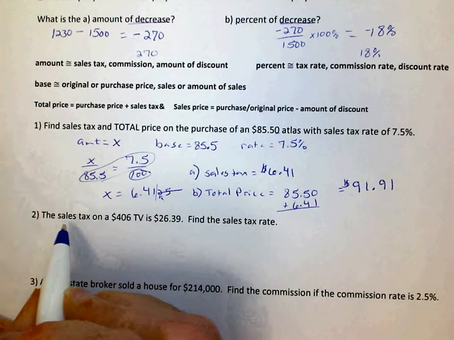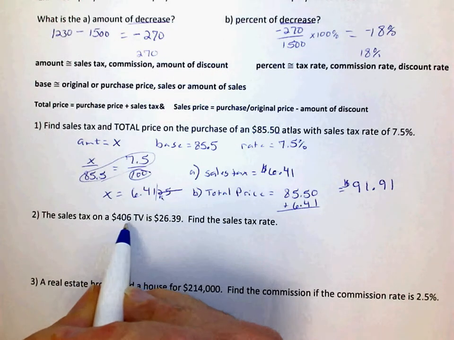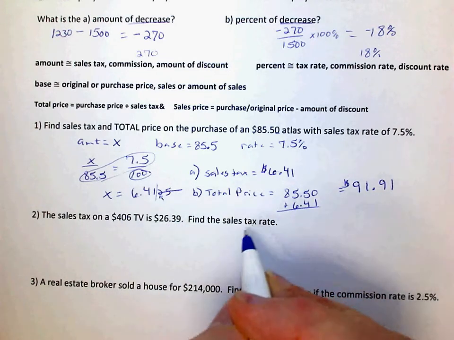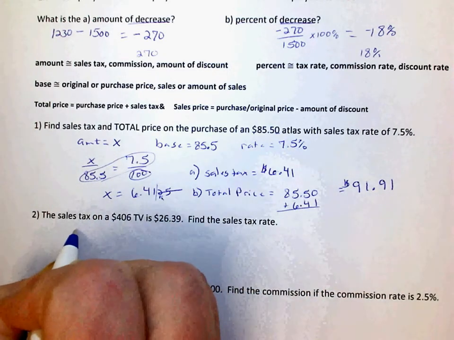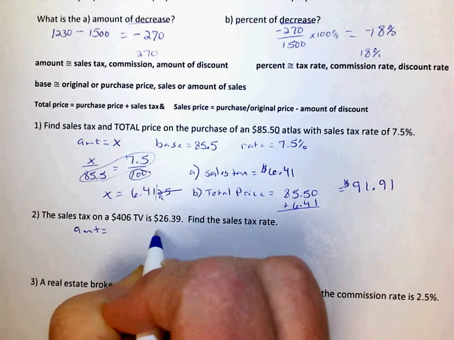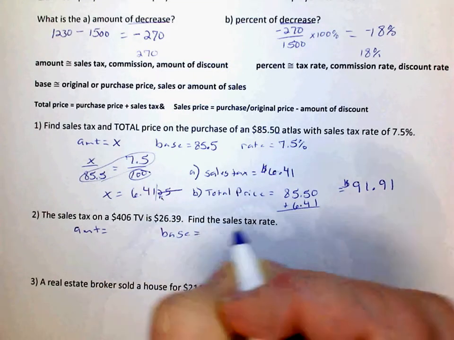Then the sales tax on a $406 TV is $26.39. Find the sales tax rate. So amount, base, percent.